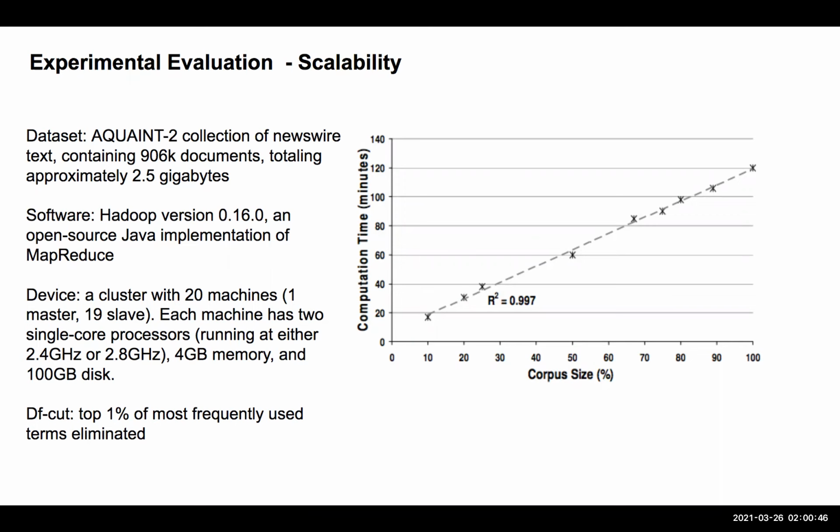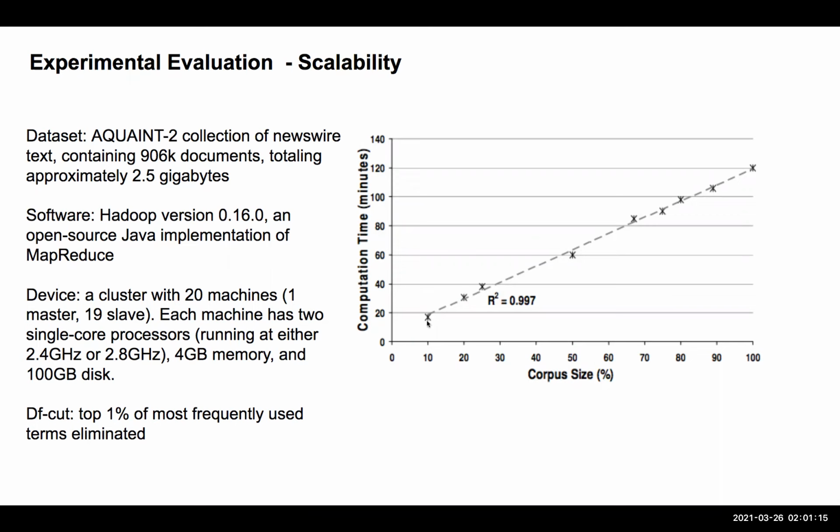After setting up those conditions, they mainly look into scalability and particularly analyze the correlation between the computation time and the collection size. The result indicates a very linear correlation between the time and the size.